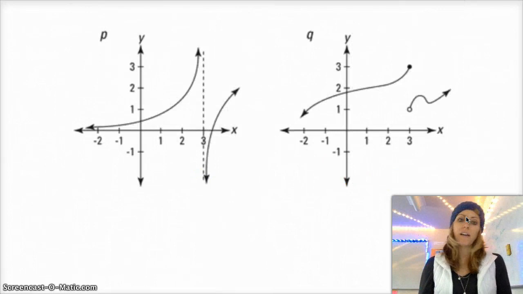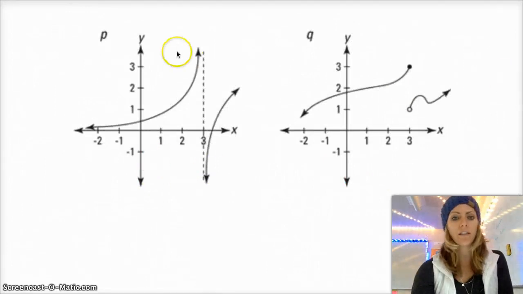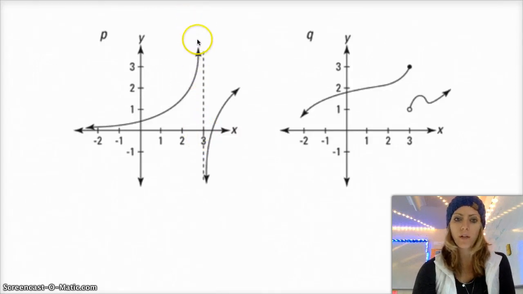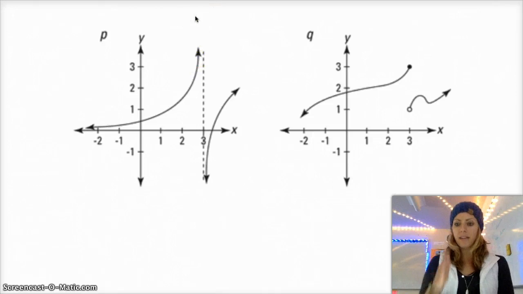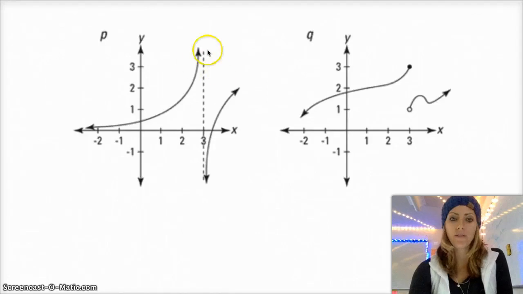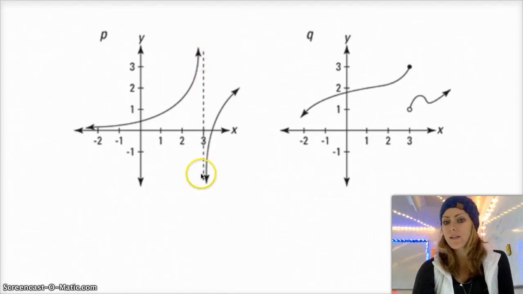p of x is this function here, and you can see that it's not continuous at x equals 3. Also, as you go higher and higher, getting closer to 3, that line is going to get to be a vertical slope. So the derivative at that point is going to be undefined because it's approaching positive infinity.